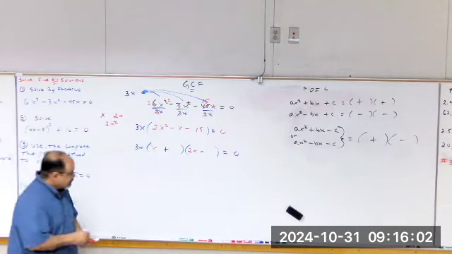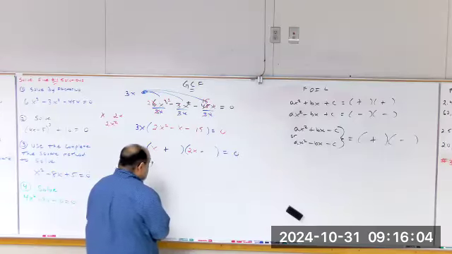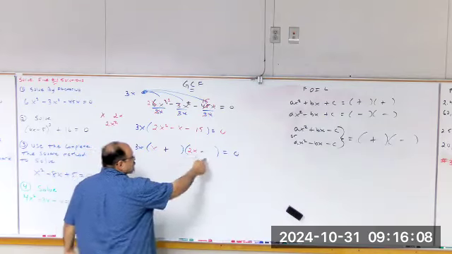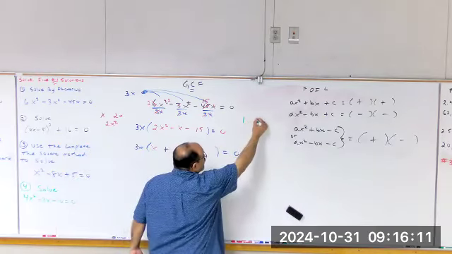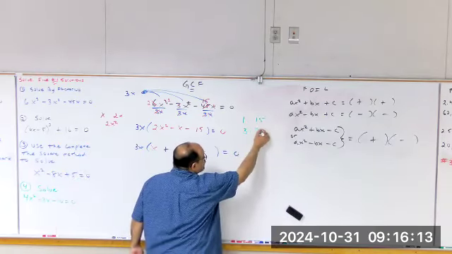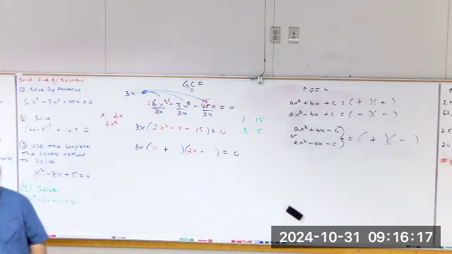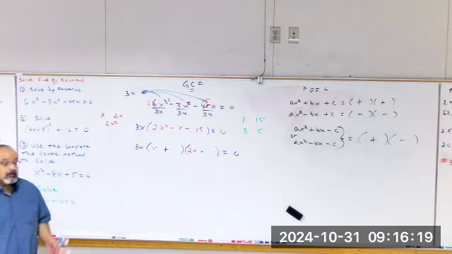And then the 15. To make a 15, last times last is either 1 times 15 or 3 times 5. And every time I factor, I write down how it's going to happen. What are the pieces of the puzzle that I have to work with? 1 times 15 or 3 times 5.